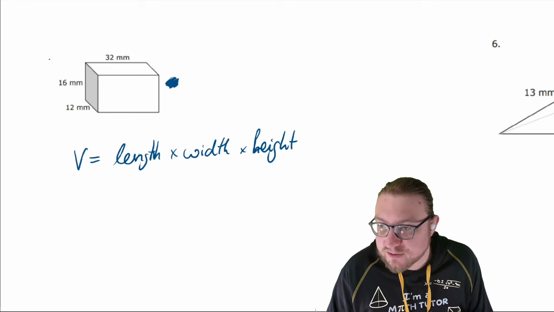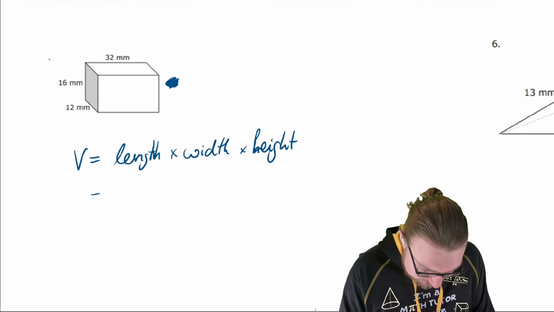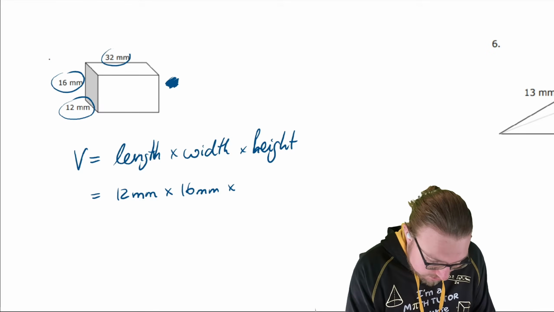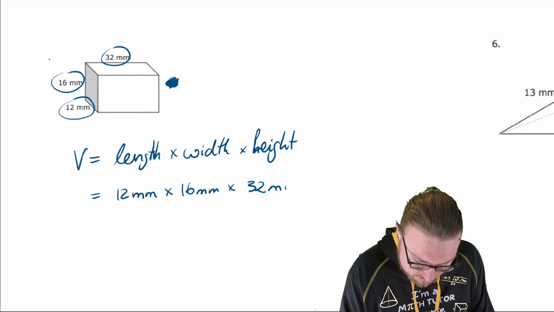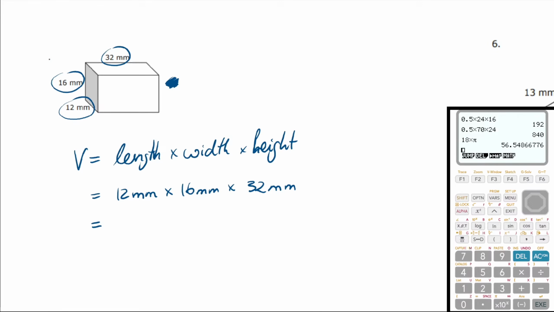Now let's have a look. It doesn't really matter which is the length, width, or height, so we can just multiply them all together. So we have 12 millimeters, multiplied by 16 millimeters, and 32. And again, we can use our calculator for this.